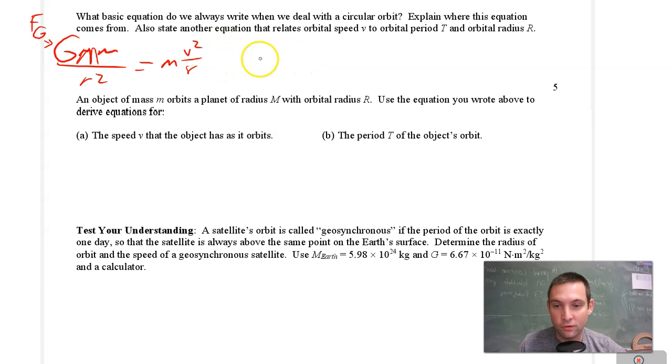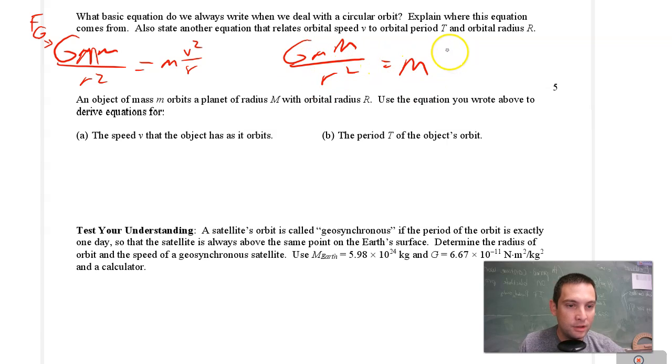Another equation that you could write would be using Newton's law of universal gravitation and setting that equal to m times 2 pi r over the period divided by r, and all of that stuff in the numerator is squared.